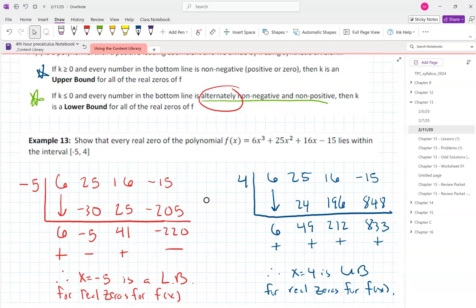So this is really the kind of problem that you'd need to use this upper bound, lower bound theorem to do, is just to show something as an upper bound or lower bound, which is much easier than the other way you could do it: you could find all the real zeros for this polynomial and show that -5 is smaller than all of them and positive 4 is bigger than all of them, but that seems like a lot more work than just doing this.